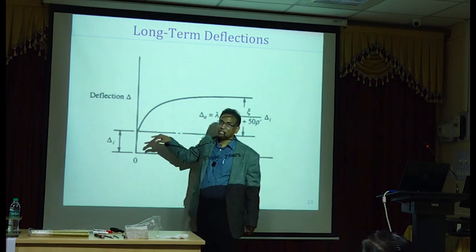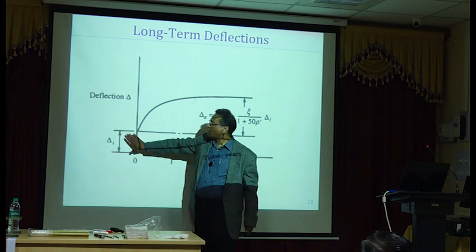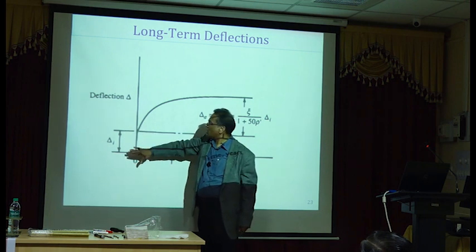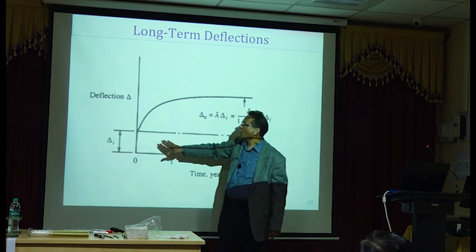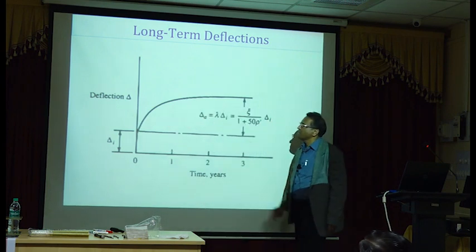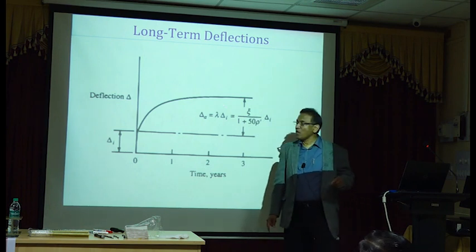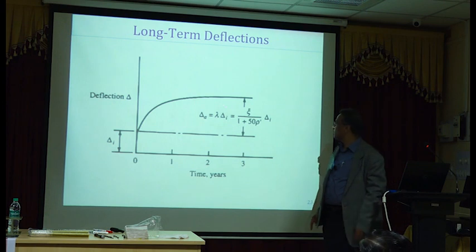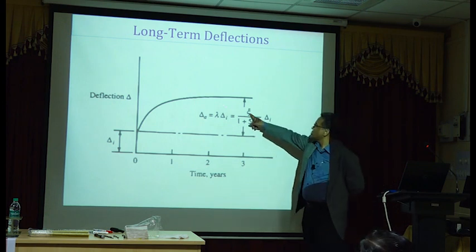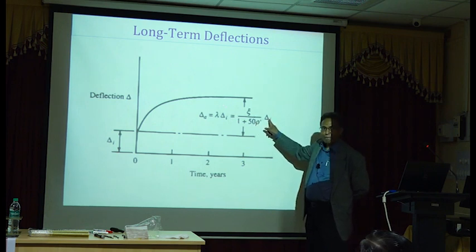Then with time, if you are sustaining the load on the member, there will be an increase by a factor which is zeta over 1 plus 50 rho prime. So this factor, zeta over 1 plus 50 rho prime, needs to be added to your delta I.